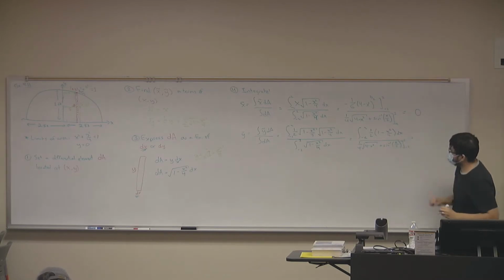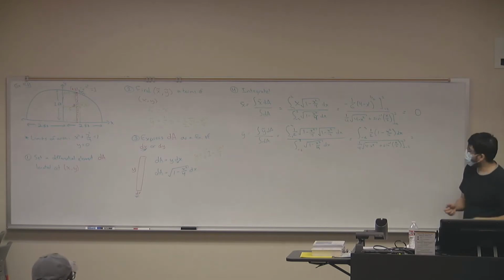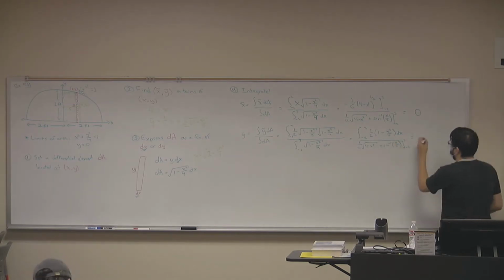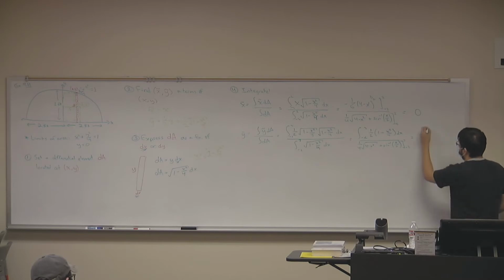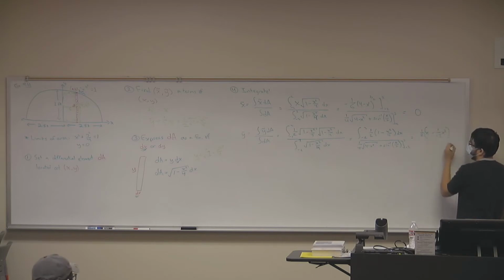So let's integrate this top part. I think this should be easier for all of us. Let's see, the integral here would be 1/2 times x minus 1 over 12 x cubed evaluated from -2 to 2. Can somebody confirm that number?